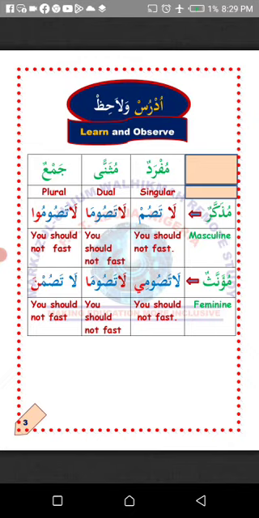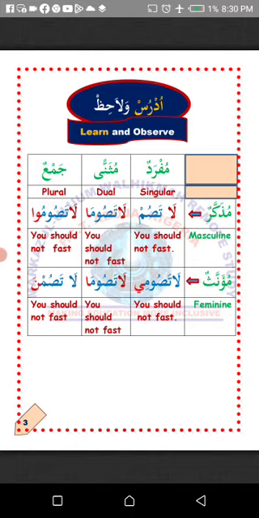Then we talk about mudhakkar. Mudhakkar, masculine. This is a word in Arabic that represents a male person or a male object. Just like the verb la tasum can only be used to talk to a single male person, not to fast. So if there are two, all you need to do is to attach alifun to the last letter of the verb.